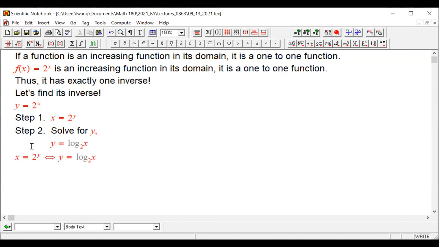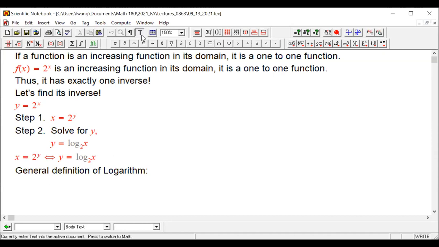If 2 to the power of y equals x, then y is log base 2 of x. This is one of the cases in the example of the definition of logarithm. I'm going to give you the general definition of logarithm.